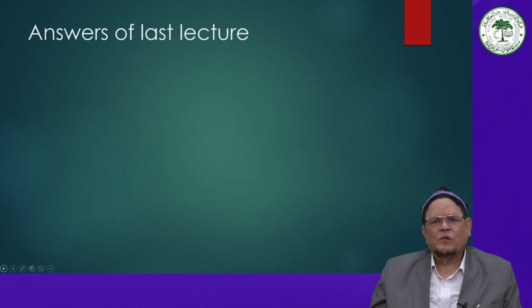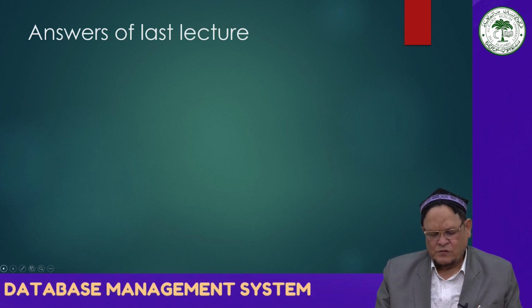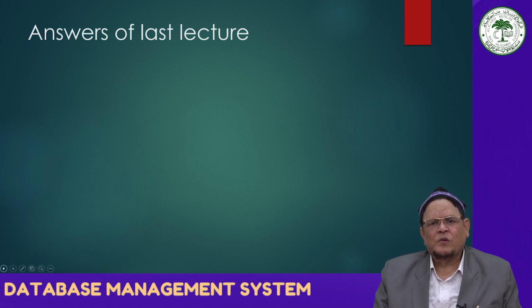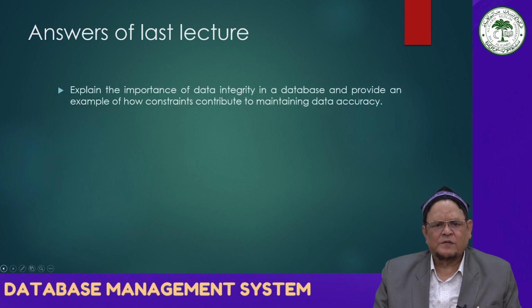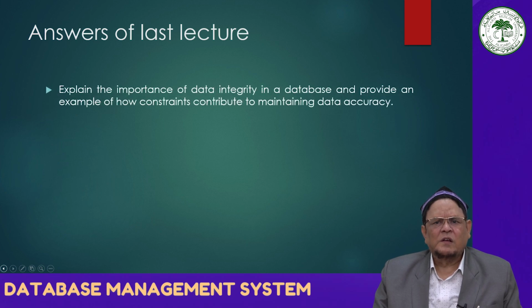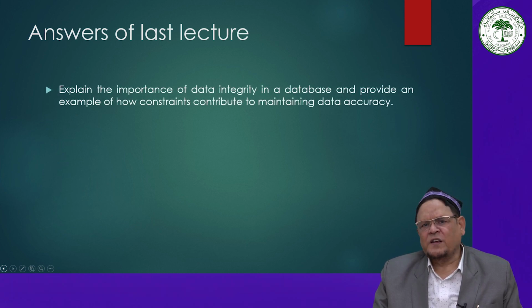Before going to today's agenda, I would like to answer the questions which I gave you in the previous class. The question was, explain the importance of data integrity in the database and provide an example of how constraints contribute to maintaining data accuracy.